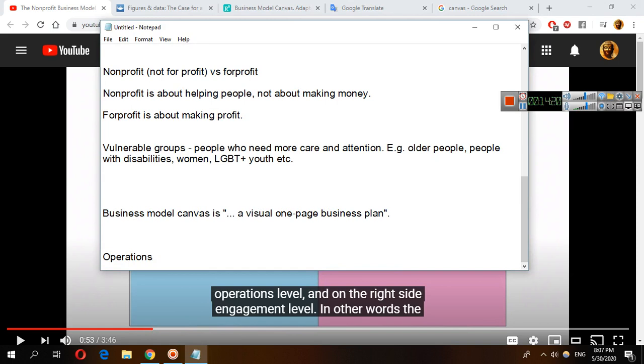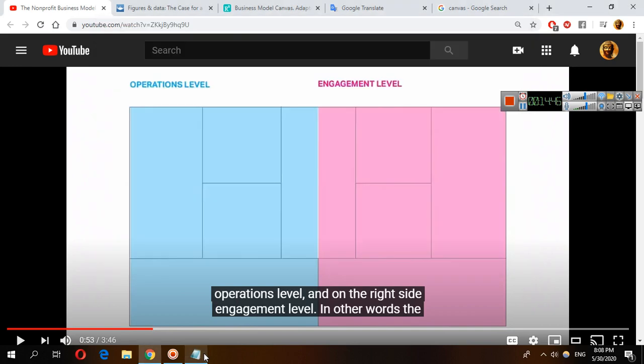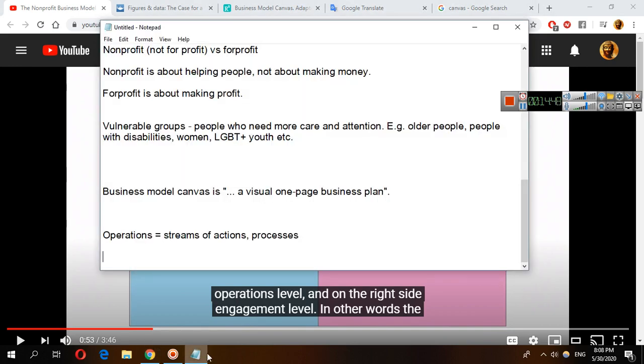Operations, well, in this case, it's like actions or processes, right? Kind of processes in general. I would even say streams of actions and processes. And then we have engagement.